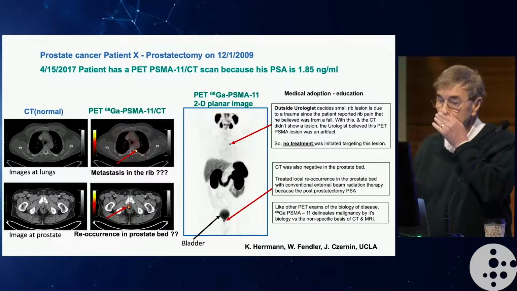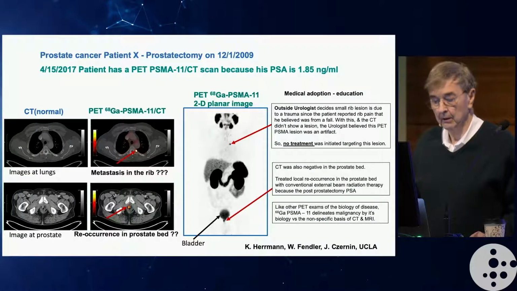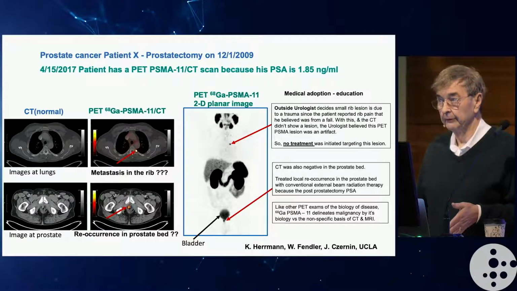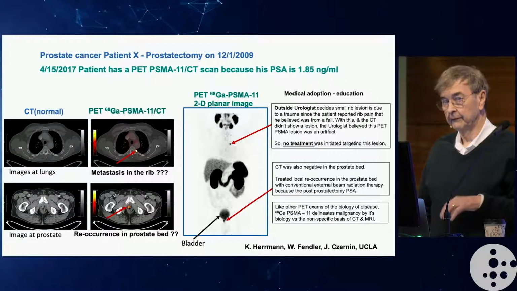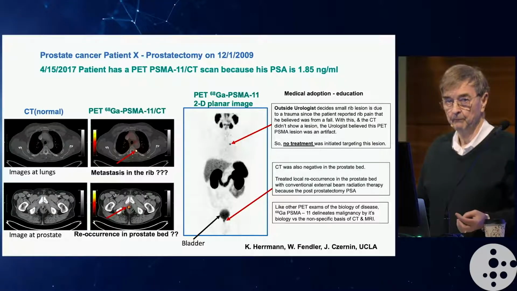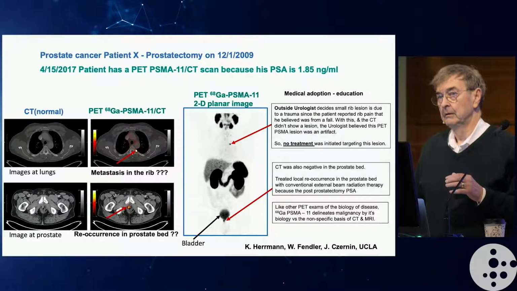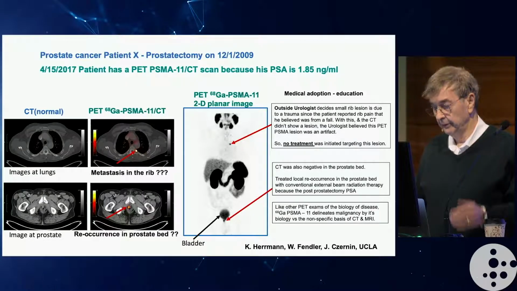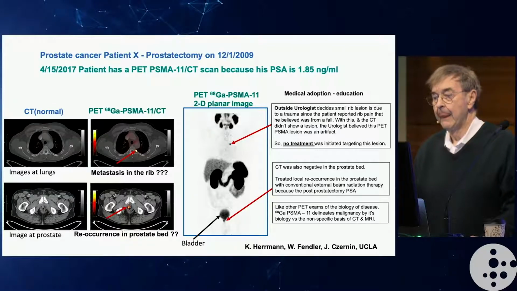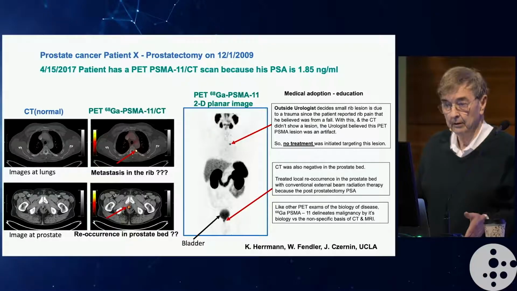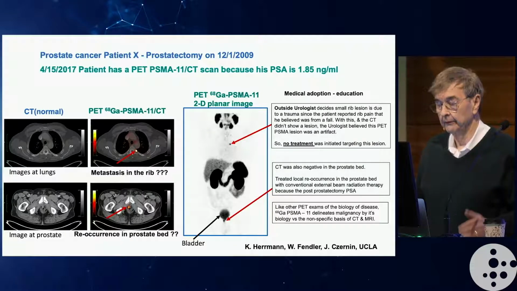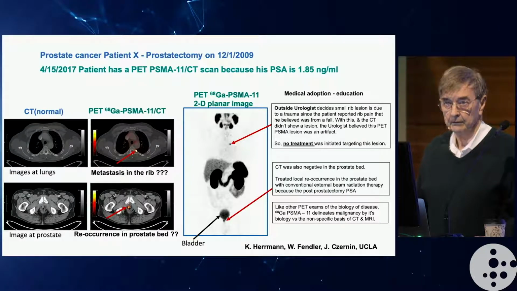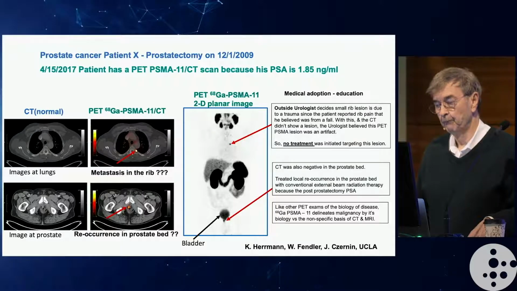Now, one has to go through FDA approval, has to go through reimbursement, but you also have to go through medical adoption. You have to educate medicine about the diagnostics or therapeutics that you introduce. Now, it's another prostate cancer patient sent to UCLA, but it's noted it's an outside urologist, not one of ours.